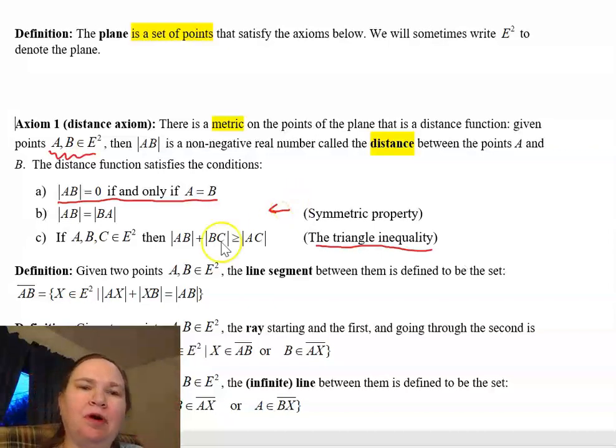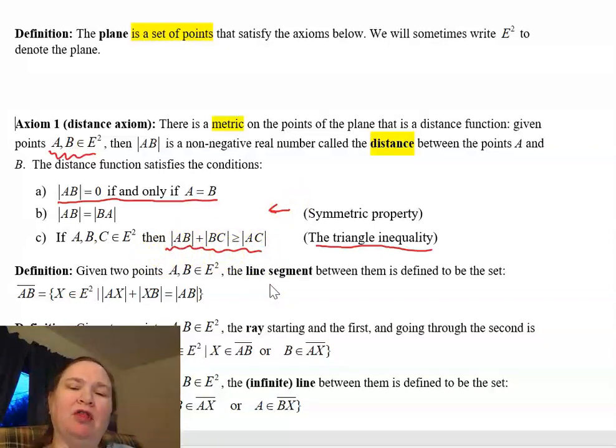And it's this property that we call the triangle inequality. What it says is, if you have any 3 points, and you think about 3 points that form a triangle, that will make sense of why this is the triangle inequality.